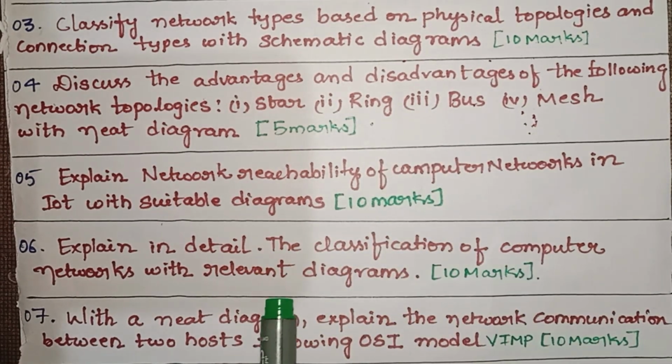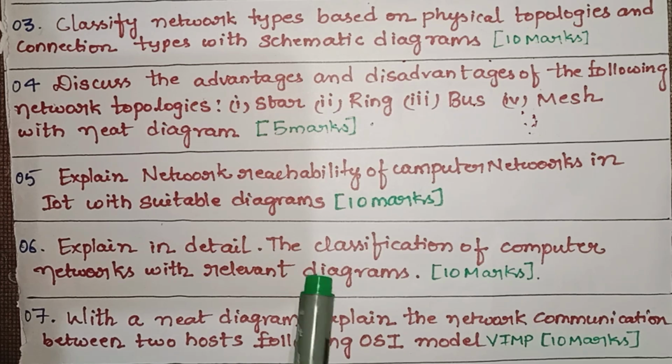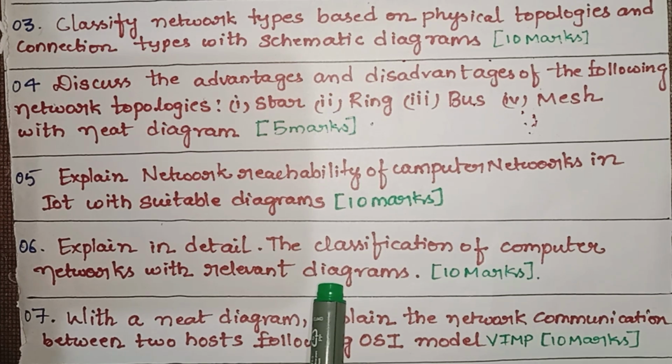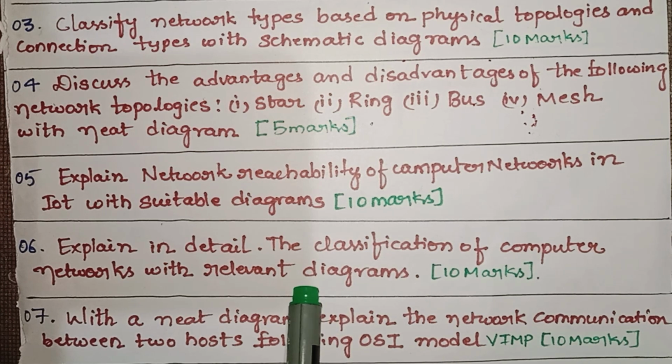You should also write the reach of network, that is PAN, LAN, MAN and WAN. They are nothing but personal area network, local area network, metropolitan area network and wide area network. So you have to write all these things in your answer script, and you may be awarded 10 marks if you write those points.